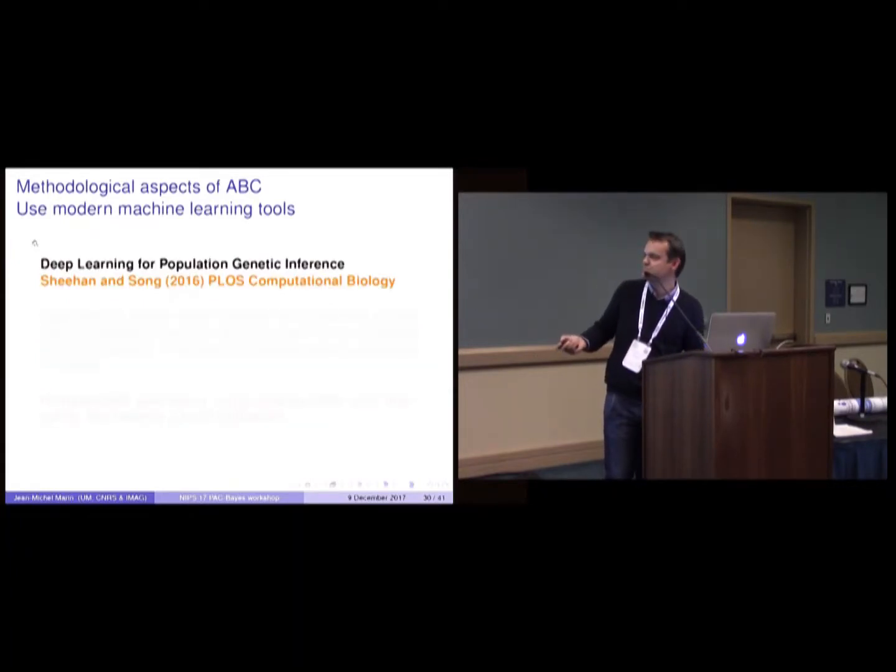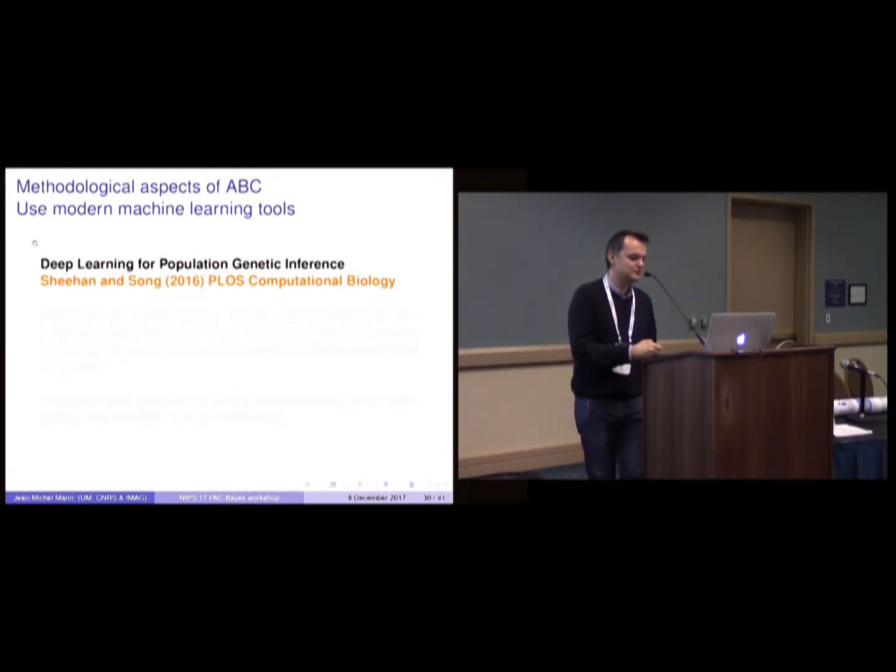There is also this paper which is specific to population genetics inference and to a specific class of coalescent process, by Sheehan and Song. Yun Song is a well-known guy in the population genetics community.